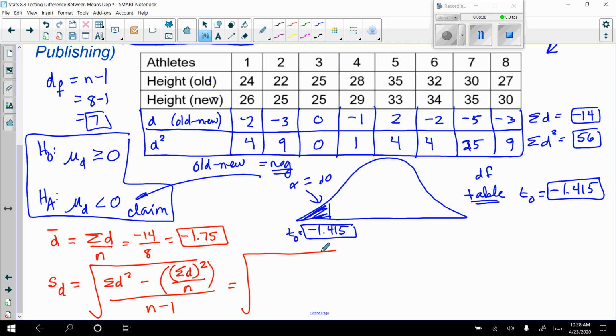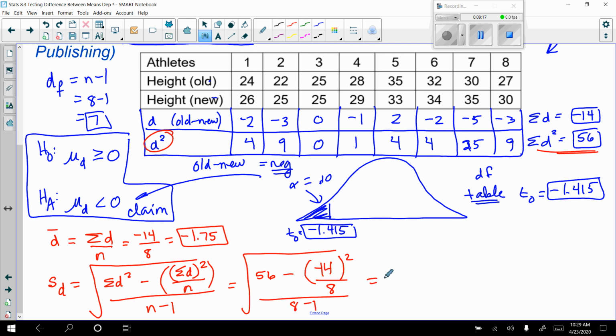We know that the sum of our differences squared is 56. We've already squared them, so it's just 56, because it's the sum of the differences squared. Minus the sum of our differences, which is negative 14, and we need to square that, divided by n, which is 8, and all of that gets divided by 8 minus 1.